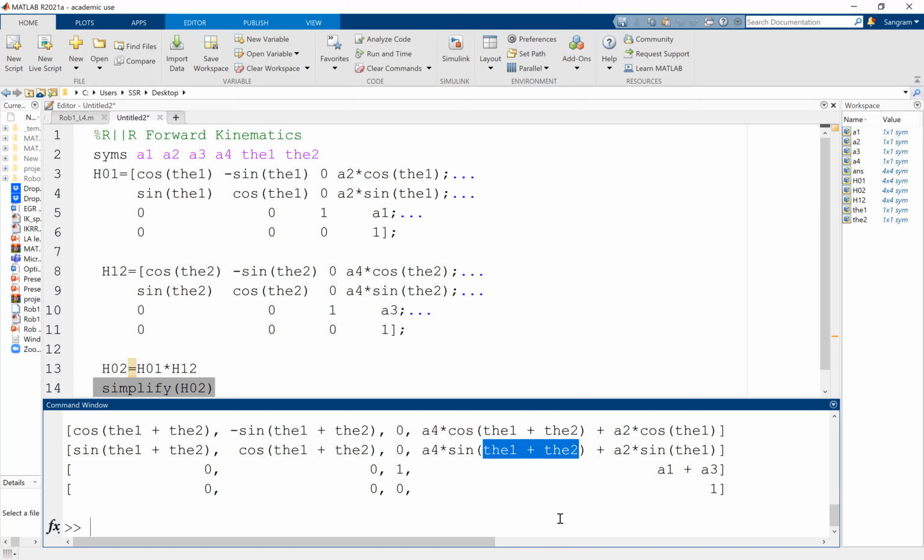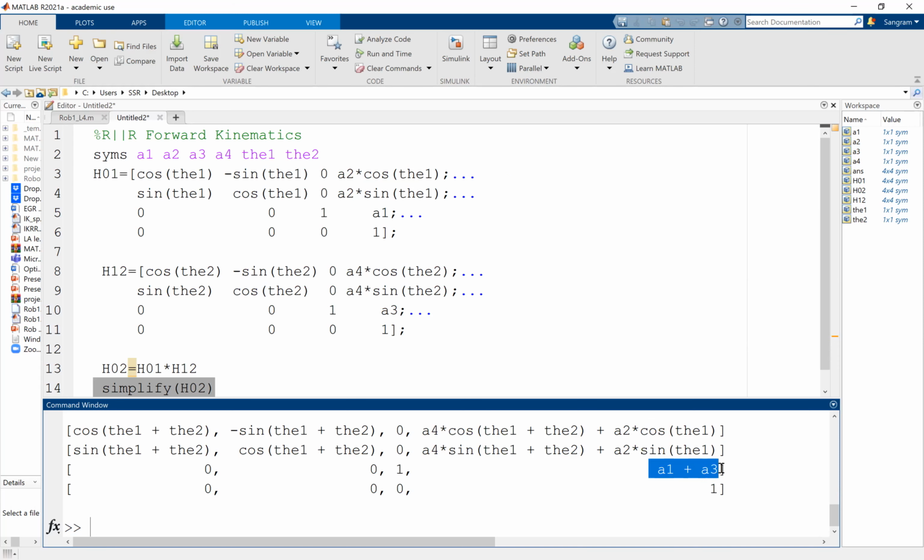You agree with me? So there is some geometric explanation to this, which means what this is telling me is that my end effector along x0 is at this position. This is the distance between the 0th frame and the end effector frame along x0. This is the distance between the 0th frame and the end effector frame along y0.